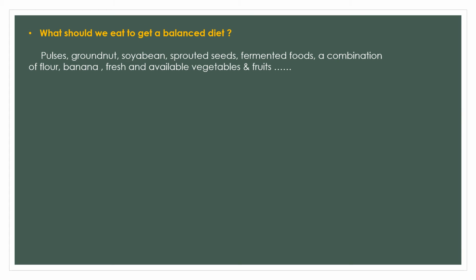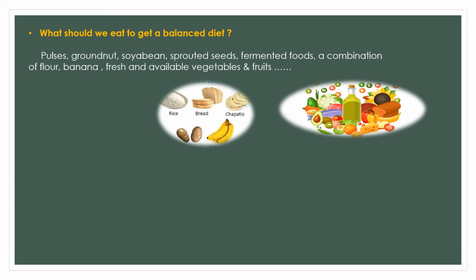Okay, so one question is, what should we eat to get a balanced diet? How can we stay healthy? We should include pulses, groundnuts, soybean, sprouted seeds, fermented food, and fresh vegetables.